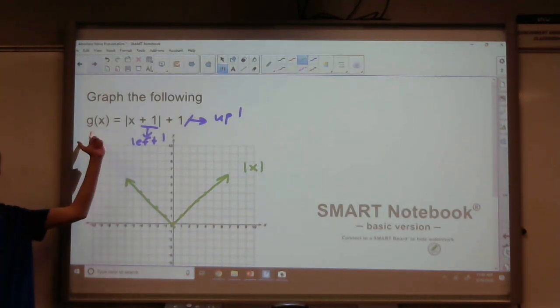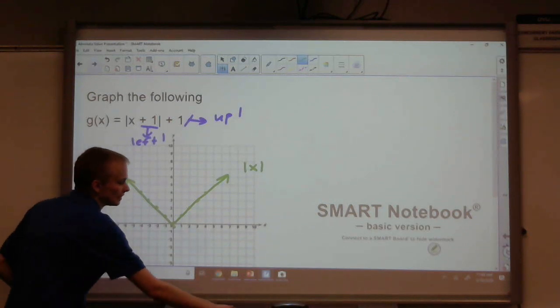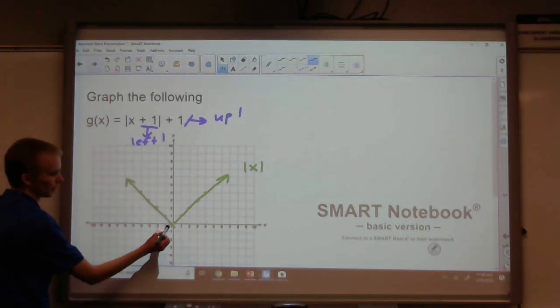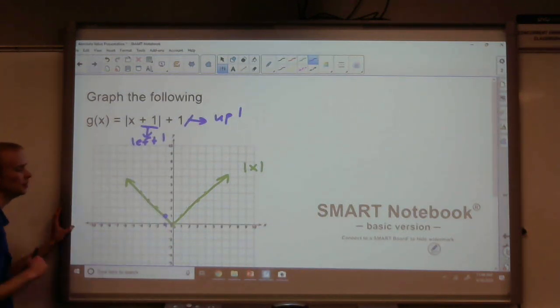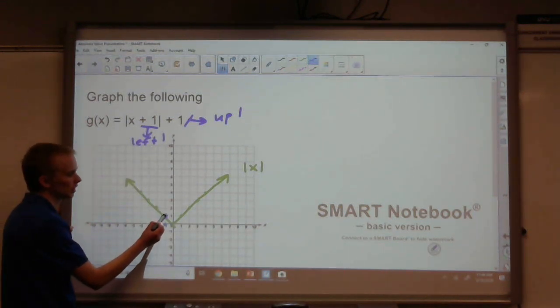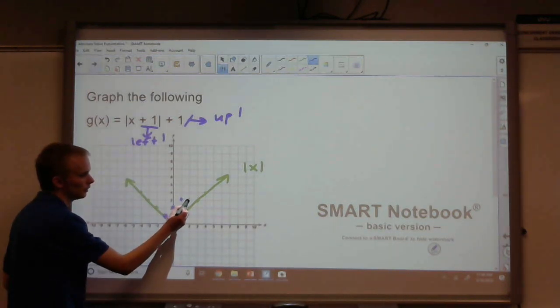So what does g of x, this function, look like? It's just left 1. So I go to the left 1 right here, and then I go up 1. So that's my new corner point, okay? And then I just go over 1, up 1, over 1, up 1, over 1, up 1.